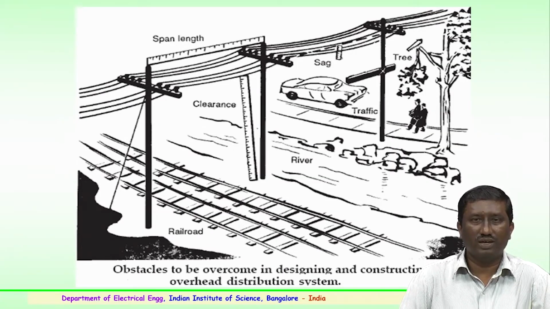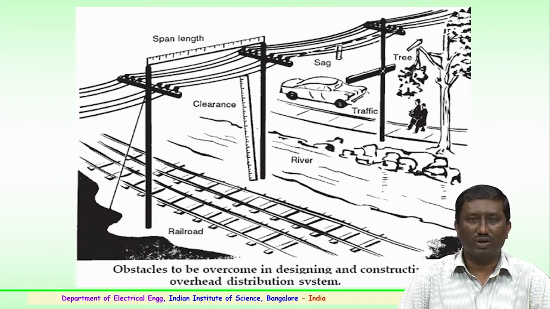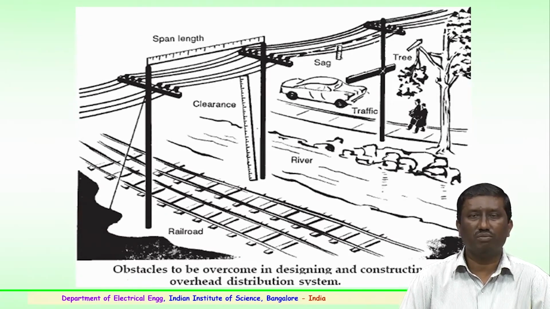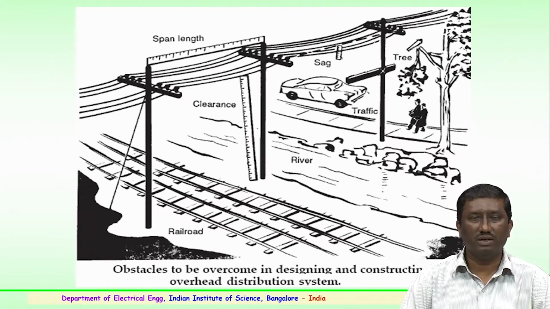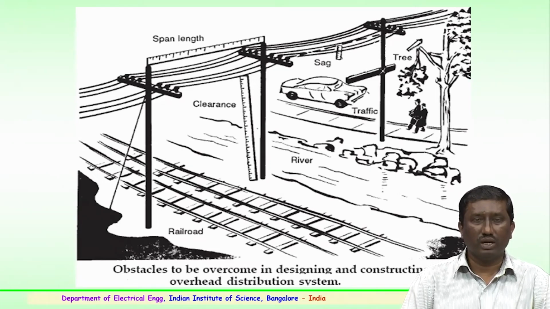This figure shows the clearances to be adopted in the case of the distribution system, and also the span is very important, taking into consideration the sag, the vegetation and various obstacles which have to be considered for the proper design and construction of overhead transmission or distribution lines.